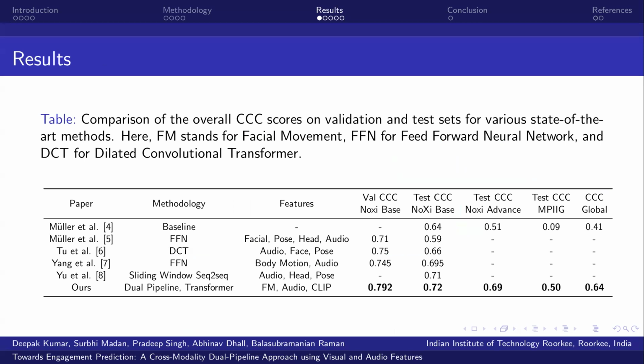Additionally, we compare our results on the NOXI-based dataset. Those are previous studies. Overall, our proposed method achieves an overall CCC of 0.792 on the validation set and a global CCC of 0.64 on the test set. These results underscore the effectiveness of our approach.